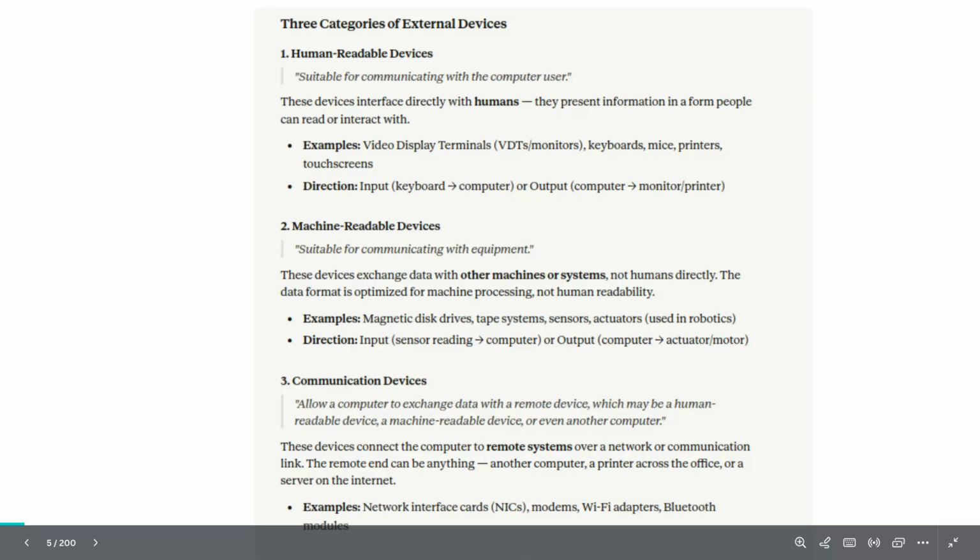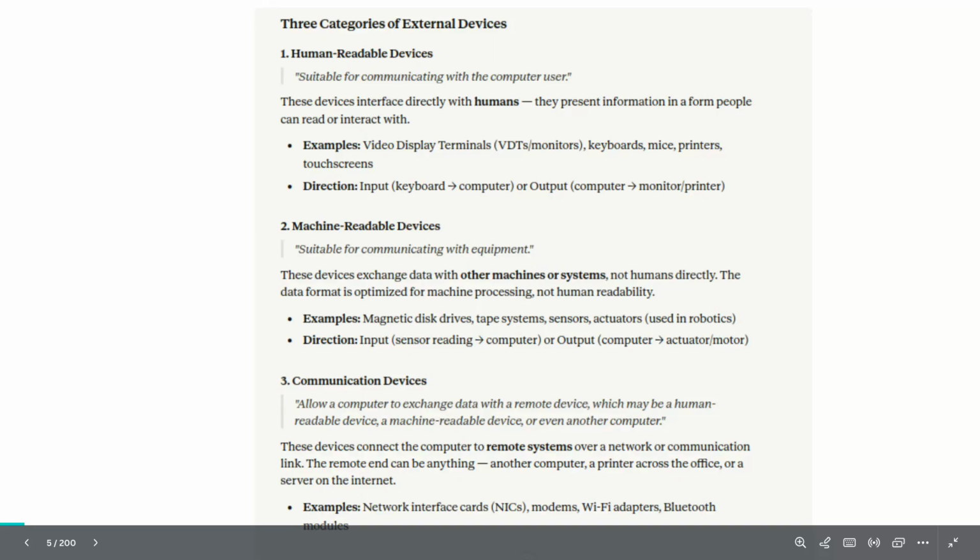The remote device can be any of these, like Wi-Fi, Bluetooth, network interface cards, modems, adapters and all. So we have three categories of external device.